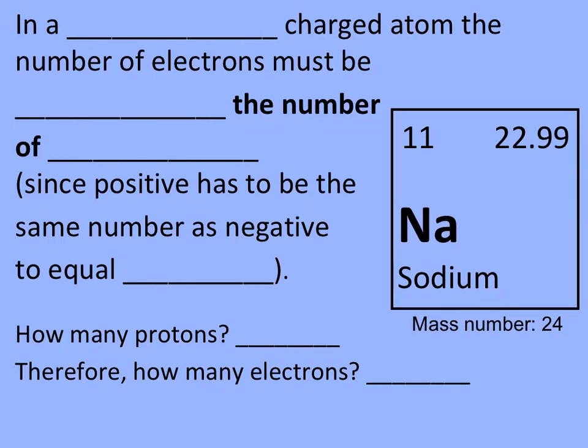So in our problems, we'll be dealing with neutrally charged atoms. A neutrally charged atom means that it has no charge. Okay, it's not positive and it's not negative. So in a neutrally charged atom, the number of electrons must be equal to the number of protons.